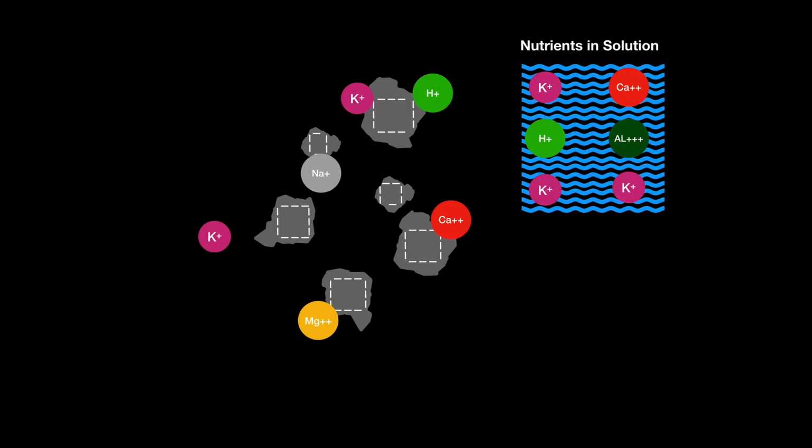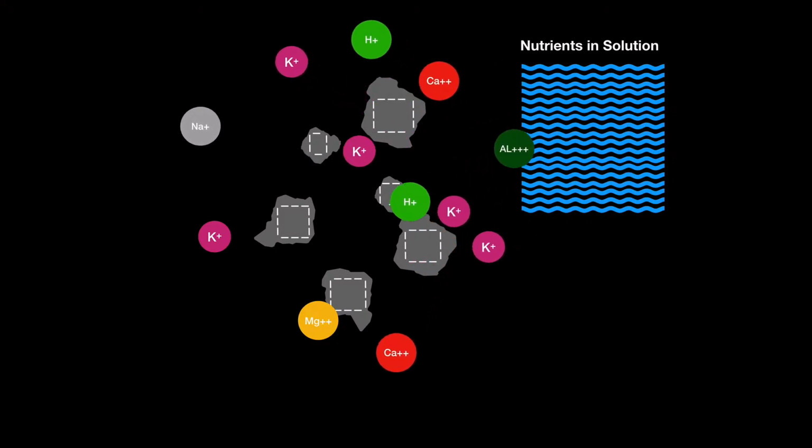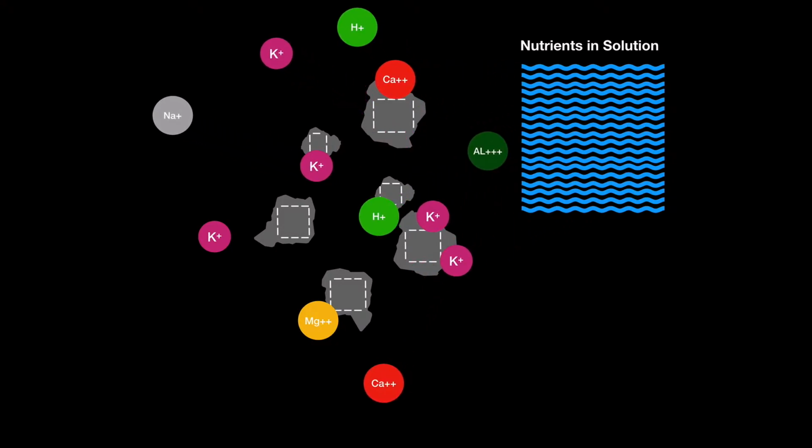It has to be traveling in some kind of solution, typically water. And when that takes place, some of these cations will displace and be released, and it looks something like this. As they are replacing them, they're also taking over some of those ionic sites that are on the soil particle.